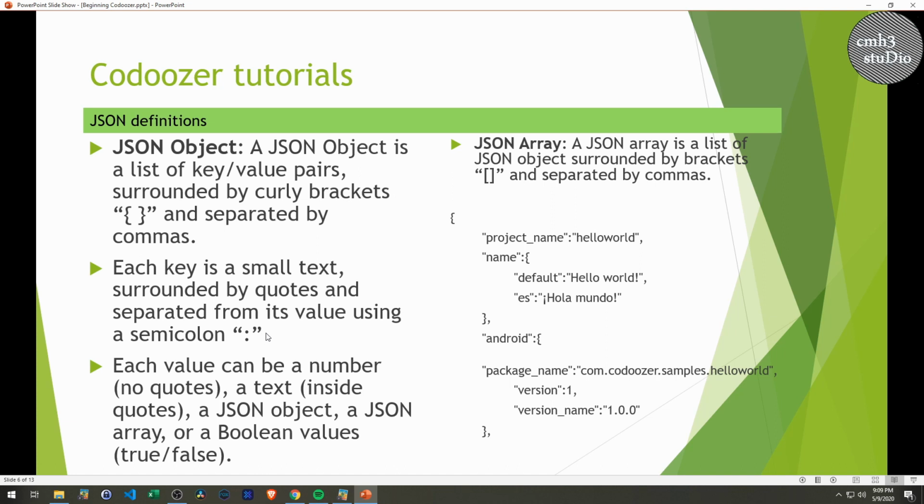They are generally separated by a semicolon. Oops, that should be a semicolon. They can also contain numbers and text and other JSON objects and other JSON arrays. And then here's an example of a JSON array where they have the key and the value pair with it.